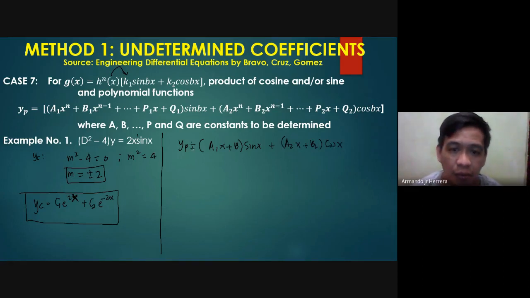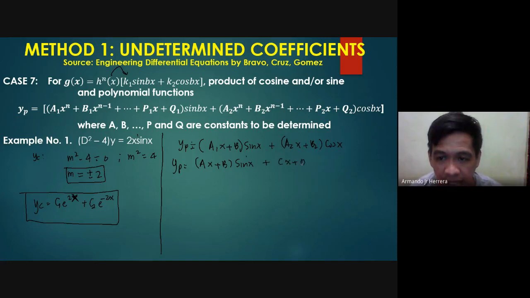So that will be our yp. So para hindi na lang tayo malito with a1 and b1, then a2, b2, gawin ko na lang itong c at saka d. So ang yp ko, gagawin ko na lang siyang ax plus b para kay sine x and cx plus d para kay cosine of x.